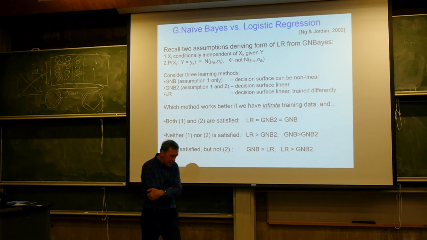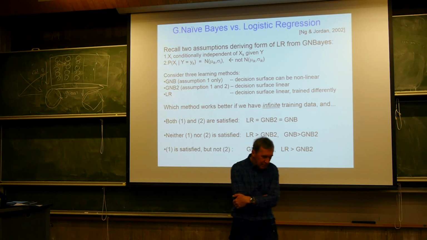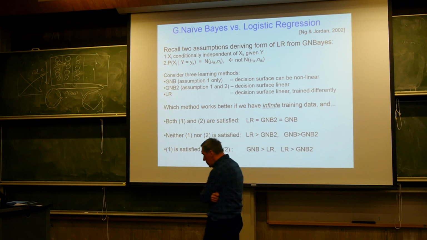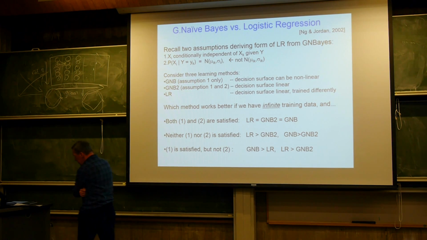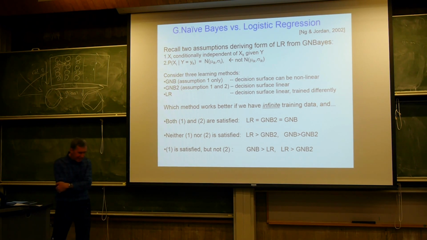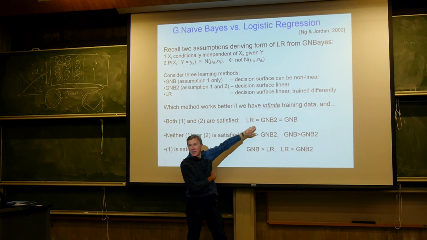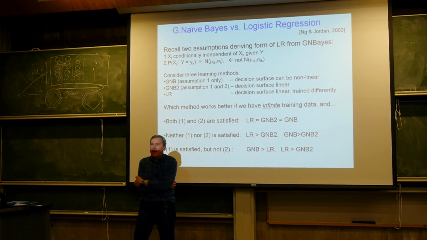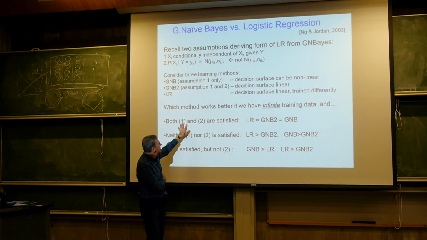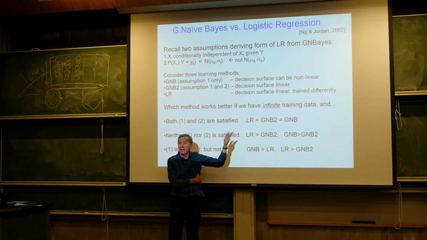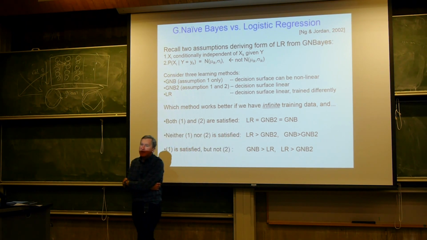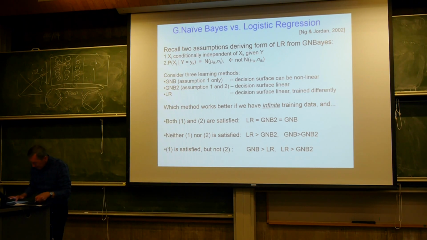So why should we say that GNB1 is greater than GNB2 in this case? Oh, that's good. You're right. We made a mistake, and I didn't make the mistake when I did my homework version of it. You're right. In the first case, if both are satisfied, all these things are equivalent because they will all be able to represent... oh wow, big mistake, okay.